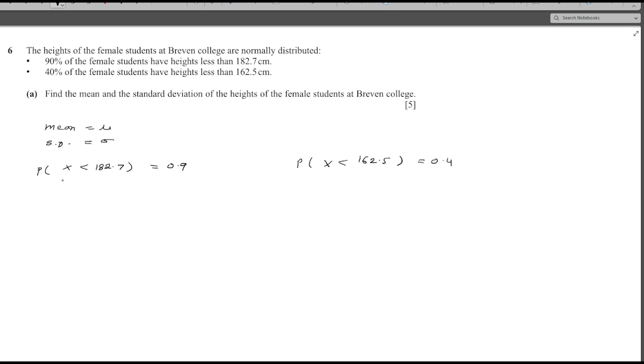Now when I convert this in normal distribution, I will say that probability of z less than (182.7 minus mu) divided by sigma is equal to 0.9, and probability of z less than (162.5 minus mu) divided by sigma is equal to 0.4.